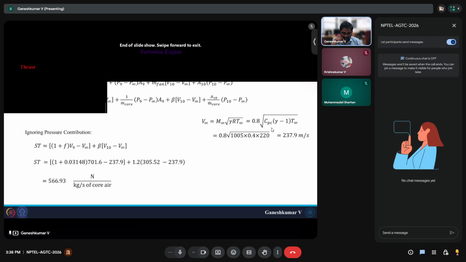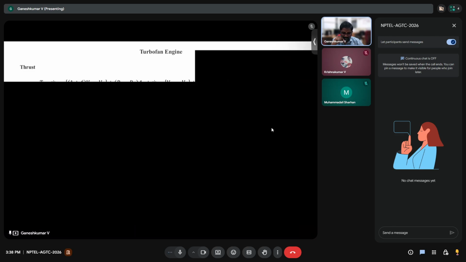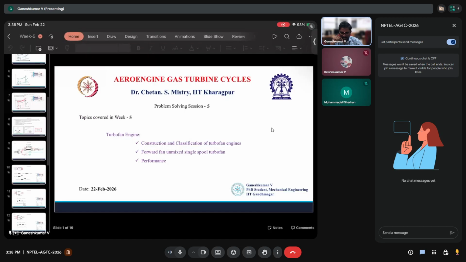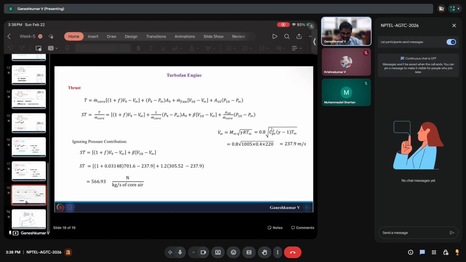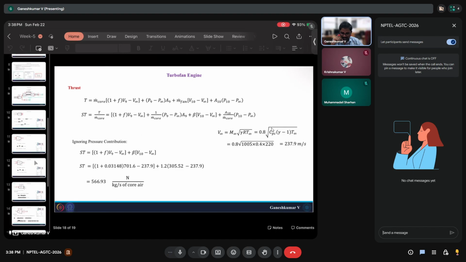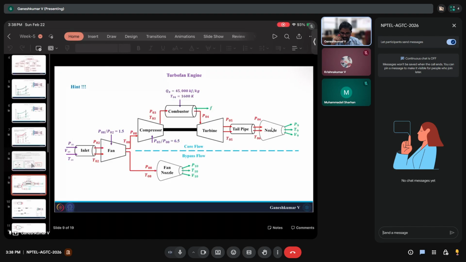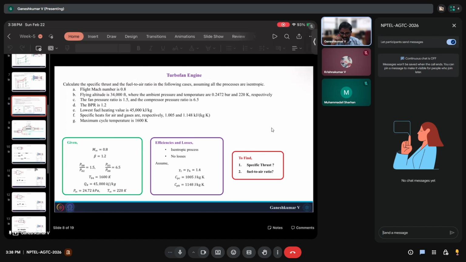All right. So that is one thing. What else do we need to find out? We need to also find out the fuel to air ratio. That we already found out.